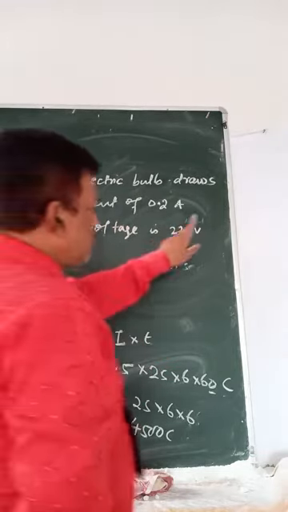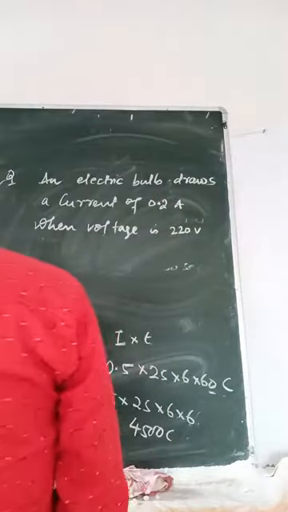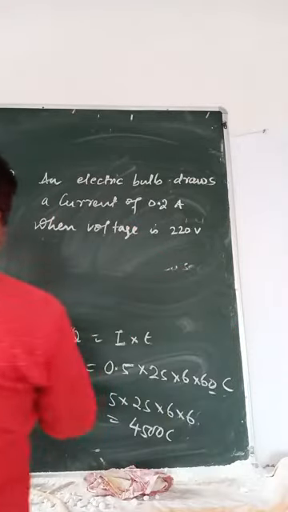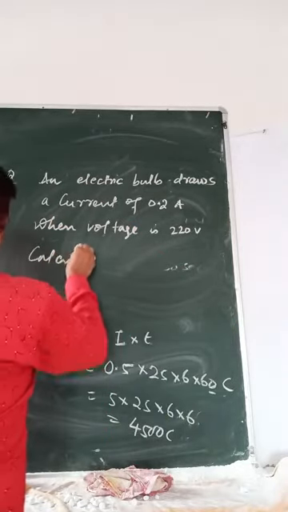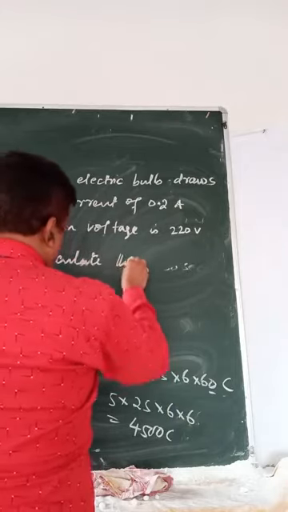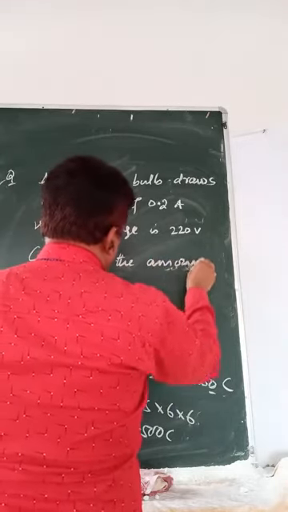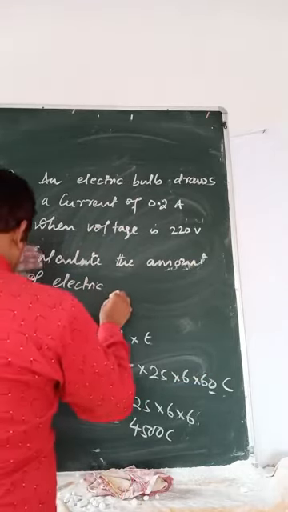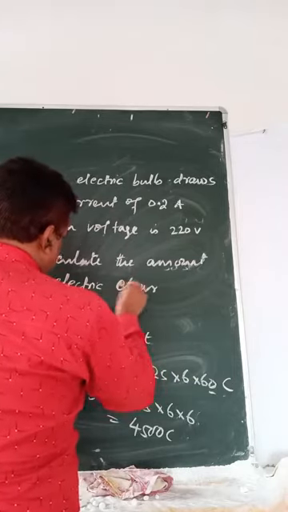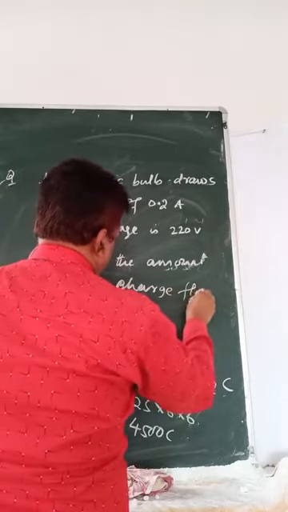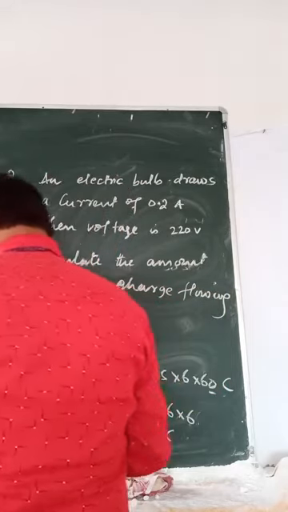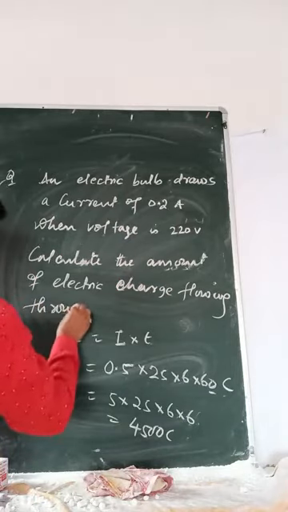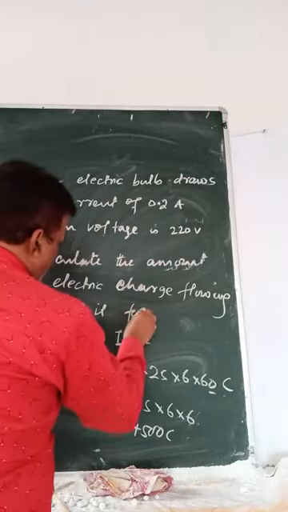Voltage means potential is 220 volt. Then calculate the amount of electric charge flowing through it for 1 hour.